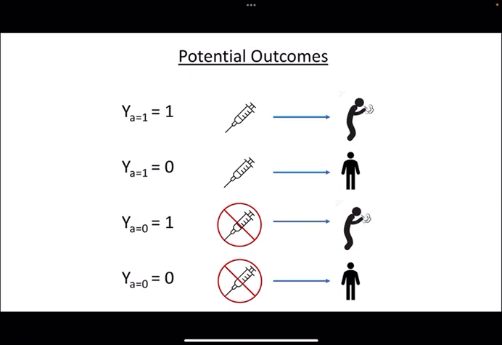Each individual either gets the vaccine or they don't, and they either get sick or they don't. So only one of these 4 things is observed, but we're able to apply this to notation that's going to come up in later lectures, that will allow us to make assumptions about what's happening at the other counterfactual levels.